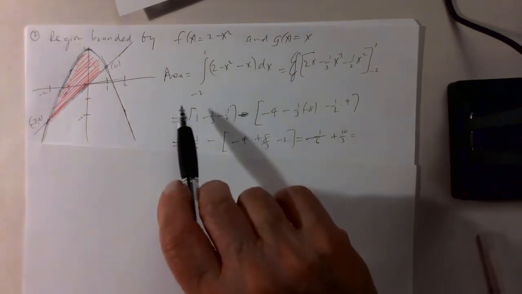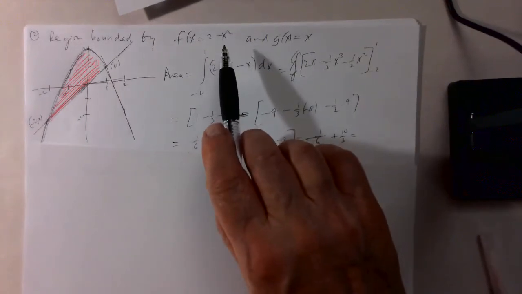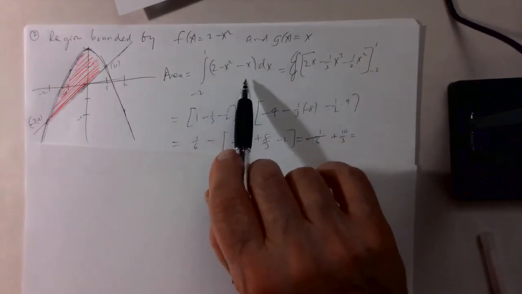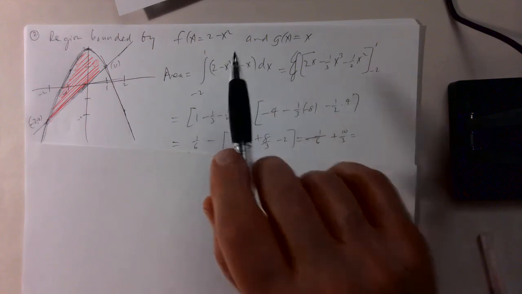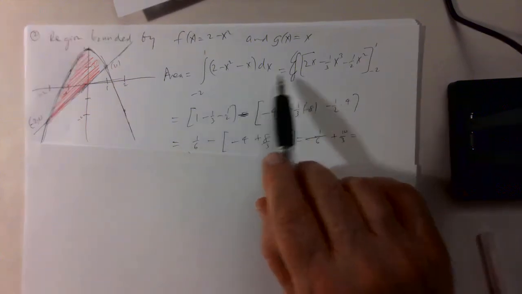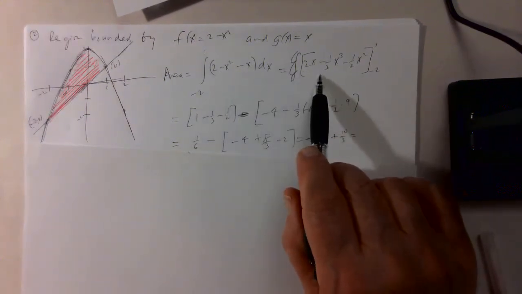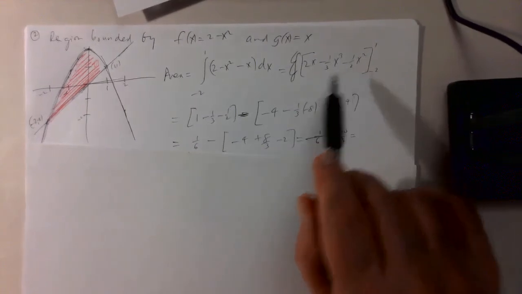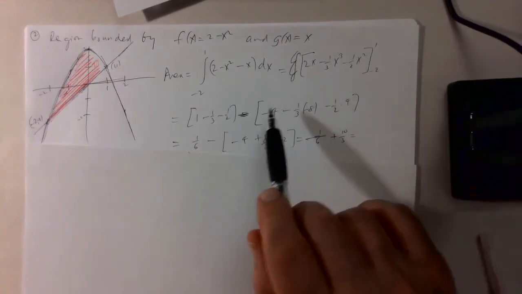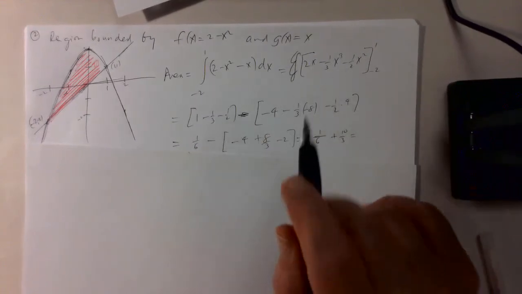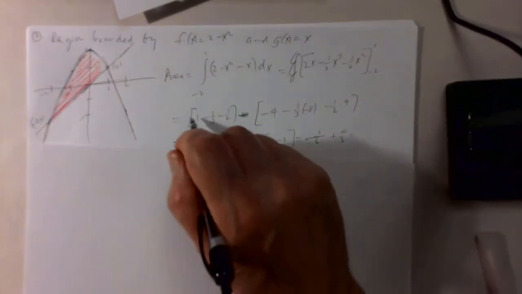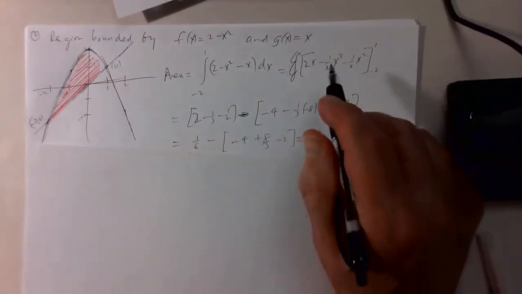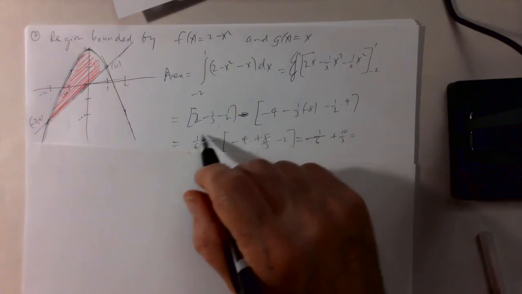So I'm integrating 2 minus x squared minus x from minus 2 to 1. The integral is 2x minus a third x cubed minus a half x squared from minus 2 to 1. So when x is equal to 1, I should do the arithmetic correctly. 2 times 1 is 2, minus a third minus a half.